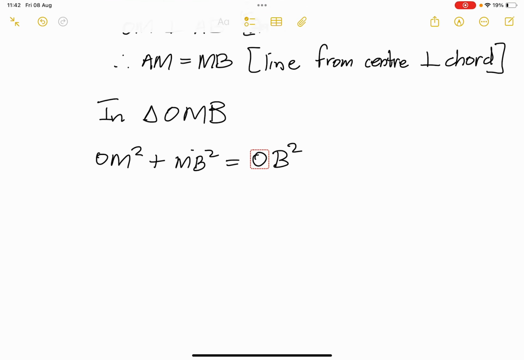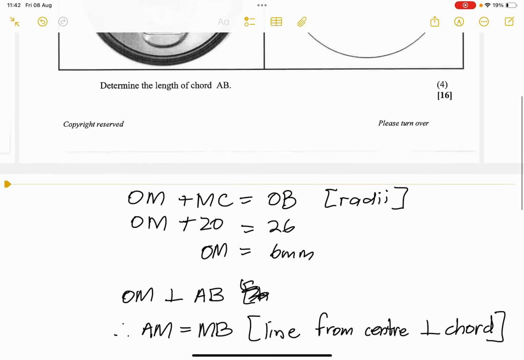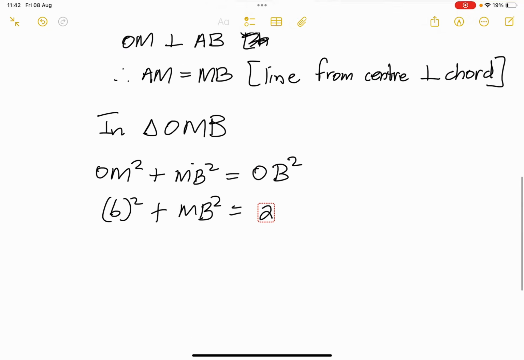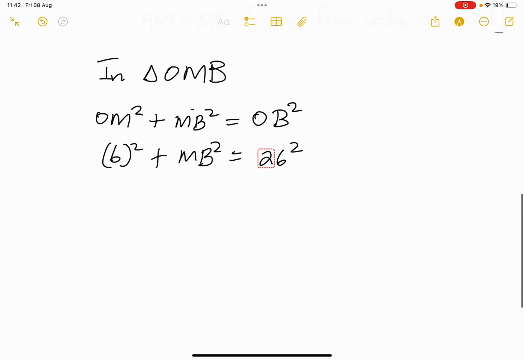We're looking for the length of MB, so this is going to be 6 squared plus MB squared, equal to 26 squared.